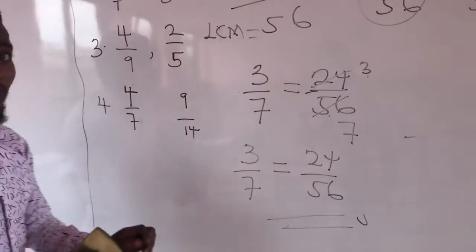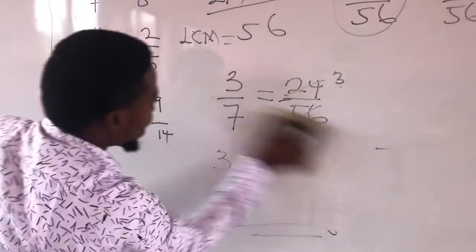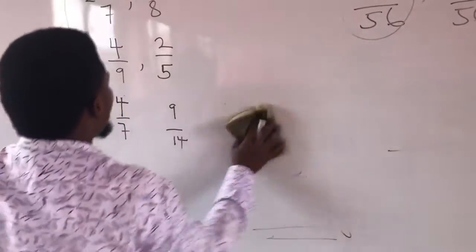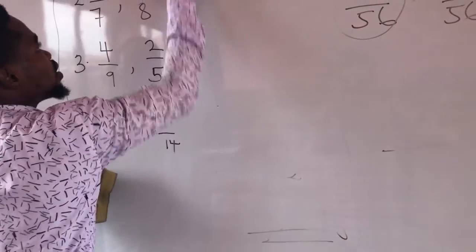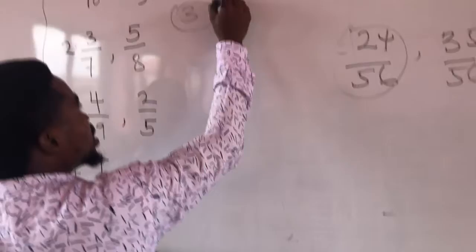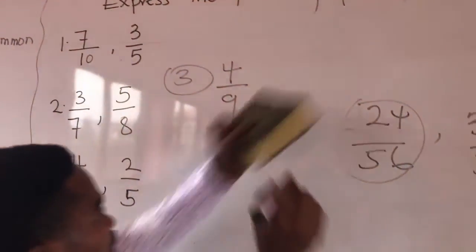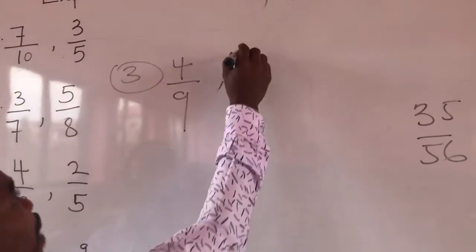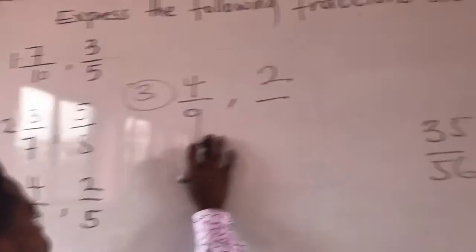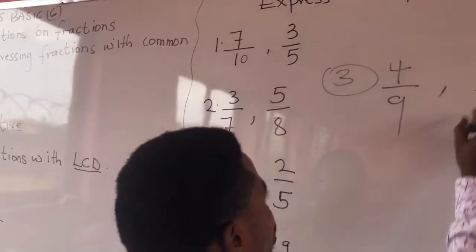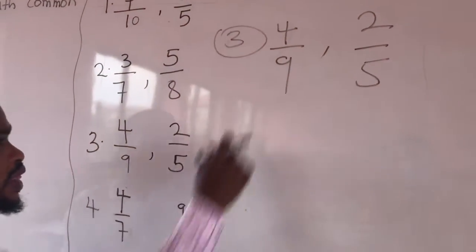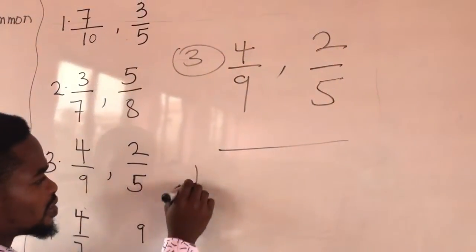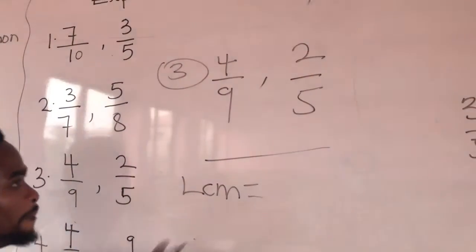Alright, let's move on to the last question. The last question, that's question number 3, which is 4 out of 9, then comma, 2 out of 5. Then we find the same LCM.